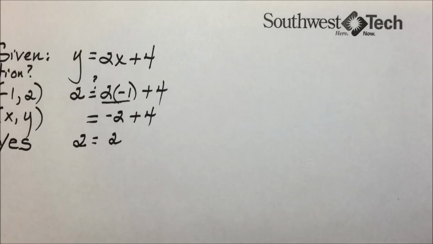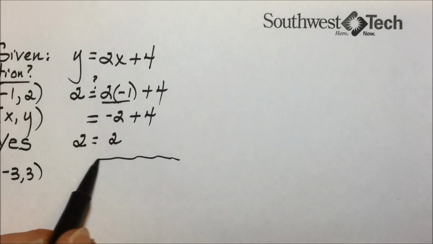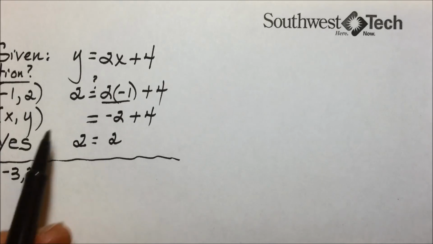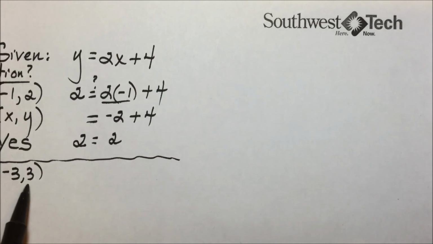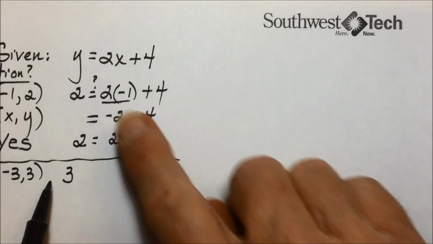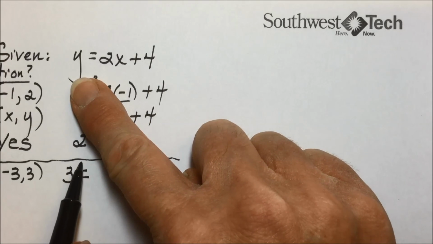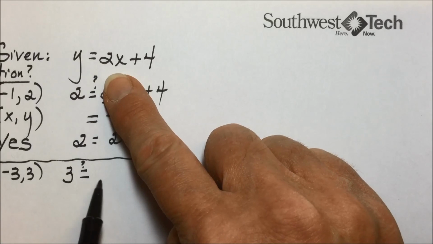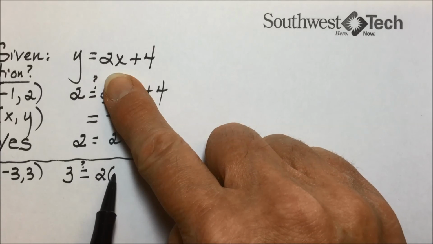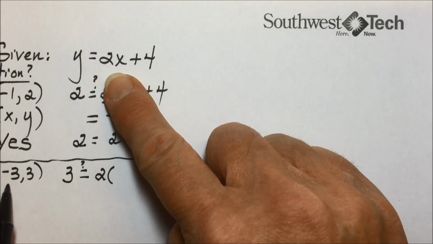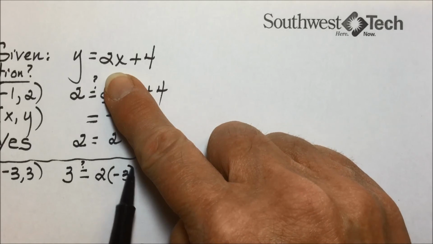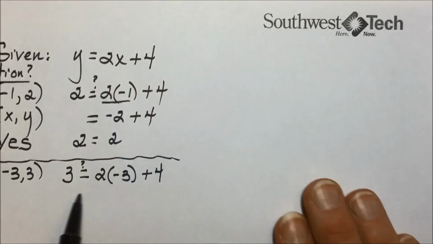If they gave us another ordered pair, (-3, 3), and the question was still, is this a solution to the given equation, we'll similarly test it. Our y value is the second value, that would be 3, replacing it in the equation. Does it result in the same value on the right side when we replace x with -3, plus 4?